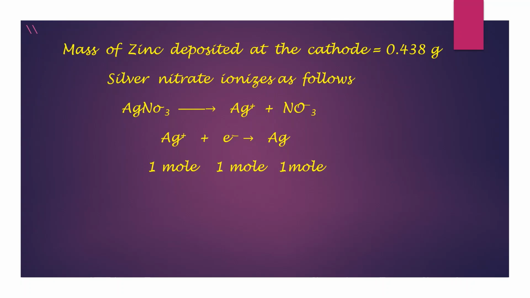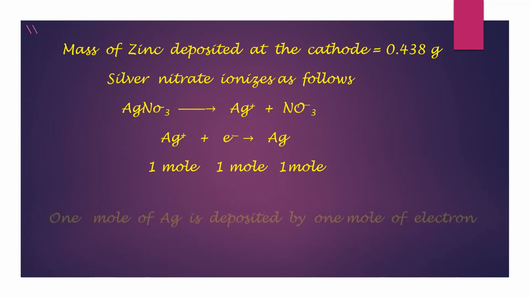So 1 mole of silver will be deposited at the cathode by gaining 1 mole of electron by 1 mole of Ag+ ion. Okay, so according to this equation, 1 mole of Ag+ ion combines with 1 mole of electron and deposits 1 mole of silver.